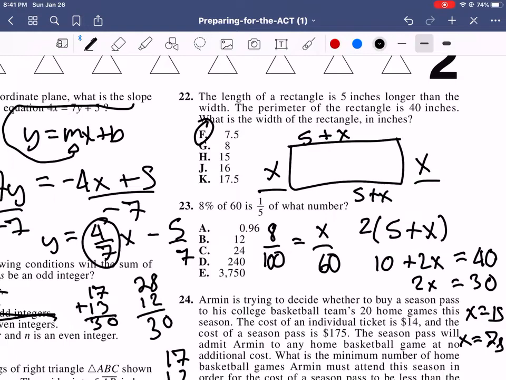So 480 equals 100x. 480 divided by 100 would be 4.8. And then you have to multiply by 5 because it's 1/5 of what number? It's 24. Answer is 24.